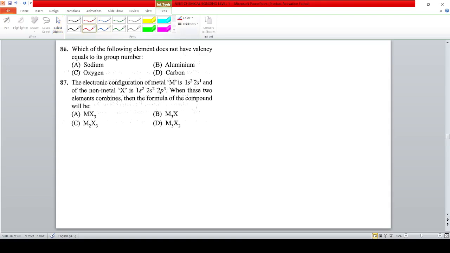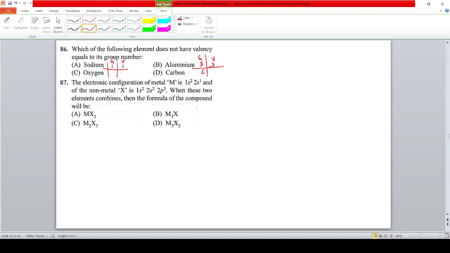Question number 86. Which of the following elements does not have valence equal to its group number? We can make a chart. For sodium, what is the group number, sir? First group, valency is also 1. Aluminium, the group number is 3, valence is also 3.